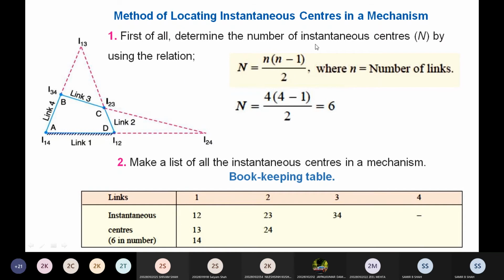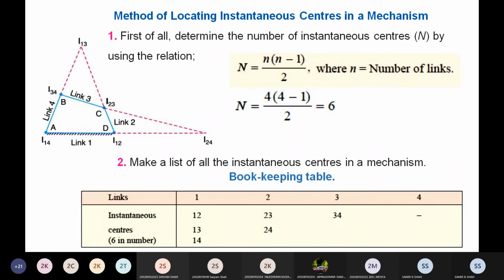First of all, determine the number of I centers. Meaning, you have to find capital N first. That is very easy to find. These are the steps to locate the I centers. Sometimes it may be asked in your exam to define the steps or methods of locating I centers in a mechanism, so you have to follow the steps which I discuss now.